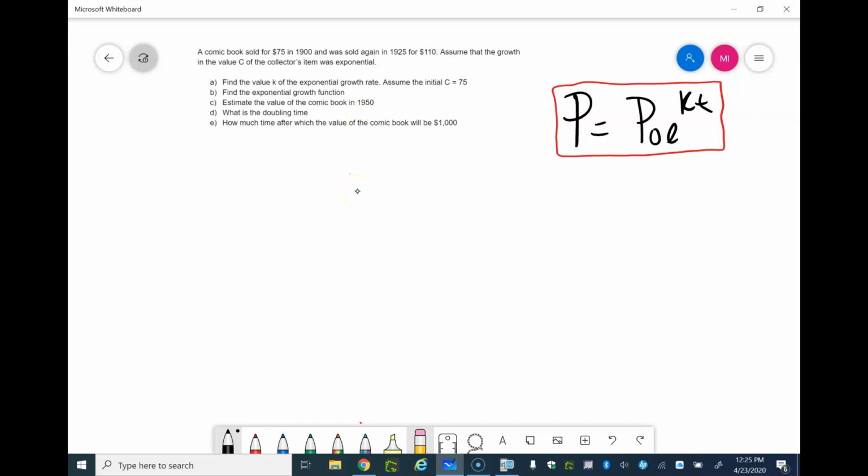Since now we have the function, we first got to figure out how many years went by. So we're going to take 1950, subtract 1900, and that easily gives us 50 years that have passed. So we're going to take the 50 years for T and plug it into our exponential growth rate function.